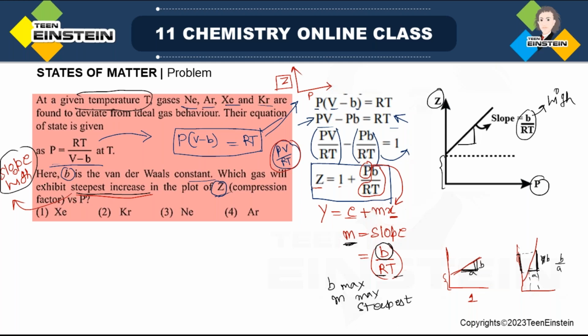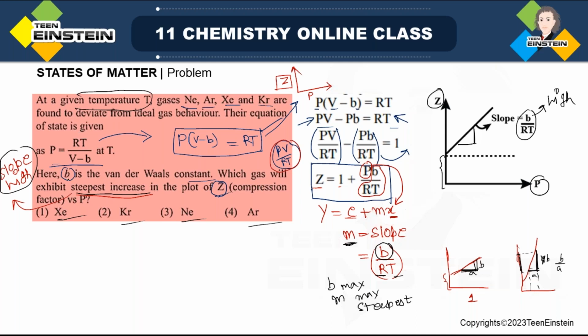Ultimately, from these four options, xenon, krypton, neon, argon, you have to find which gas will exhibit steepest increase. That means it is basically asking which gas will have max small b value. But it is not directly asking. It is asking in terms of steepest increase of the plot. But the actual question is in which case the b value is max.